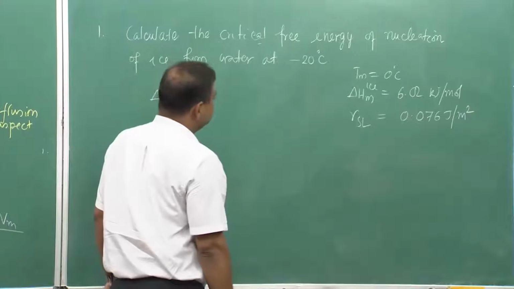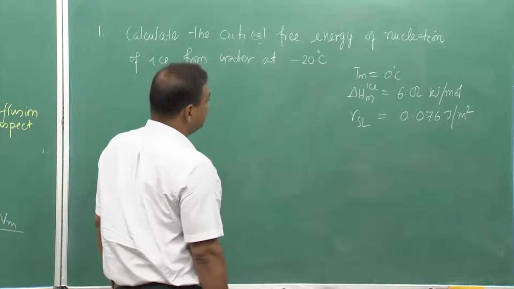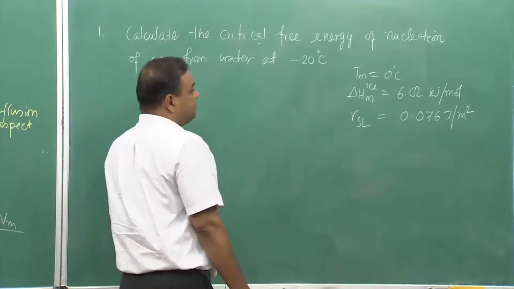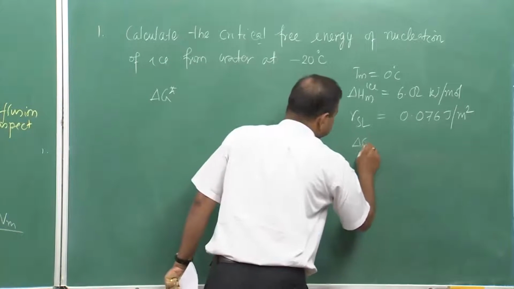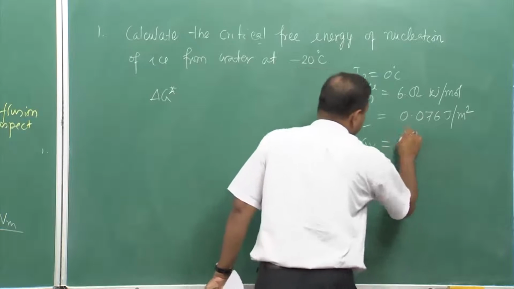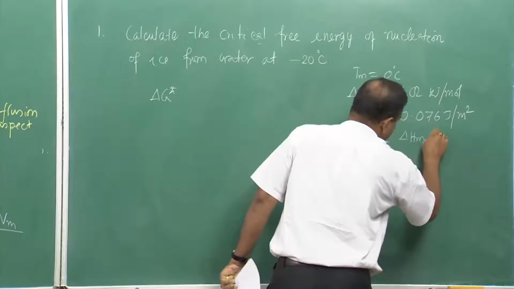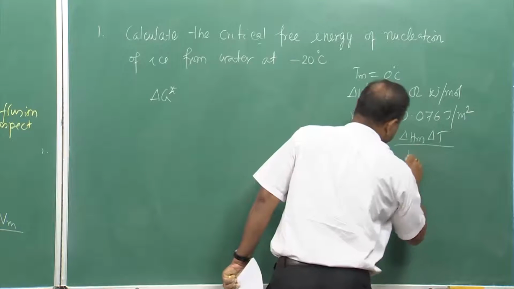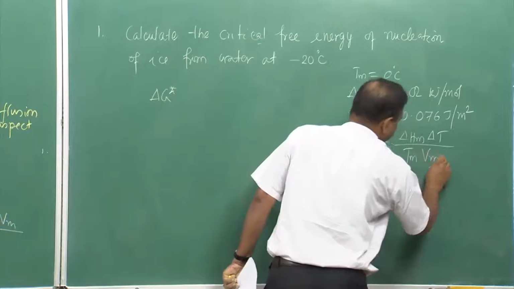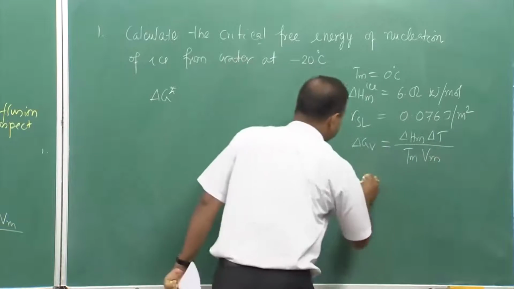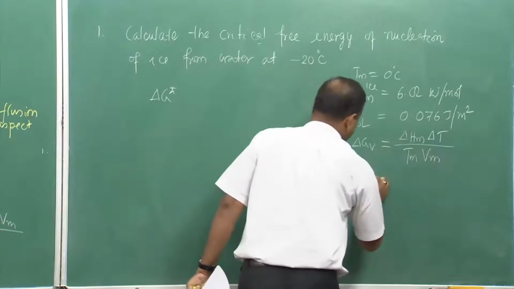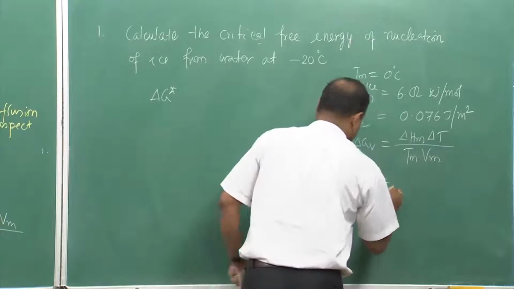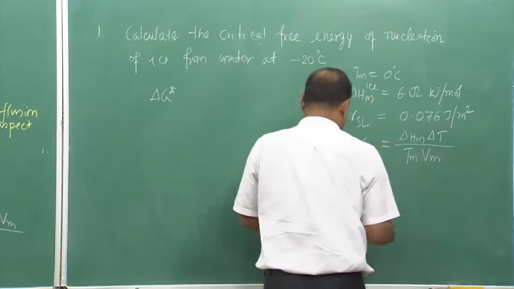If I try to calculate delta G star, we need not delta Gm, rather we need delta Gv, which is delta Hm, delta T, Tm, Vm. Now one data is missing, the Vm.